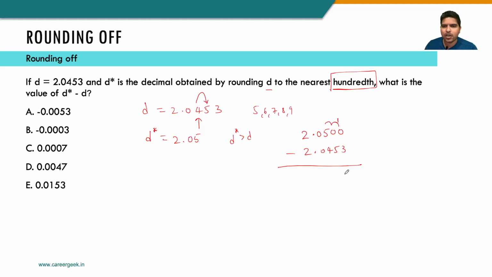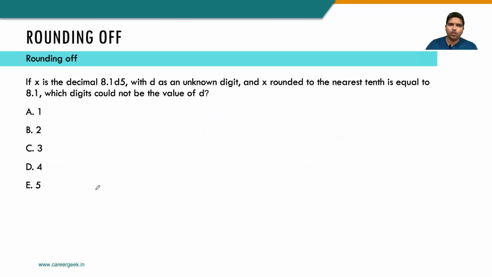I hope everyone knows how to do the basic subtraction. So I have 3, then I have 9 here, so 9 minus 5 is 4, 4 minus 4 is 0, 0 minus 0, and 2 minus 2 is 0. So the answer is option D. It's a straightforward rule. One more question we'll see.